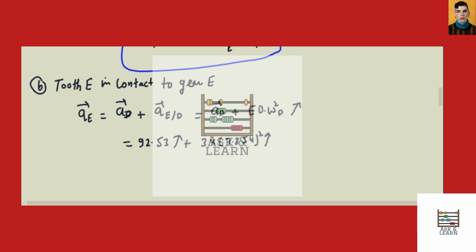So on solving it, acceleration of tooth E, you will get 277.6 inch per second square. So this is the answer of the B part of this problem.